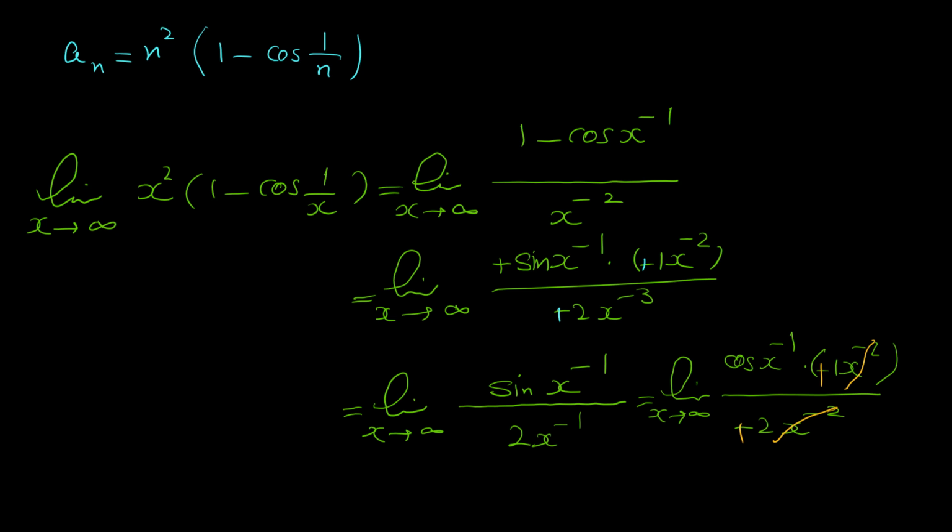Now, what is the limit of cosine of x to the negative 1 when x approaches infinity? Don't forget this is 1 over x. 1 over x when x approaches infinity is 0. Cosine of 0 is 1, and we have 2 in the denominator, so this equals 1/2. So the limit is 1/2. This sequence approaches 1/2.